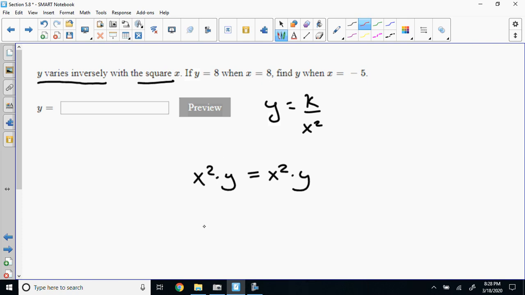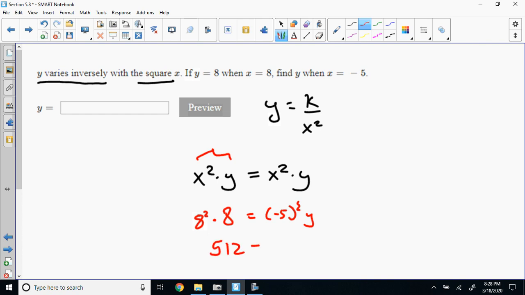If I look at this, I have 8 squared times 8 equal to negative 5 squared times y. So here's my k. What does that give me? Probably ought to give me 256, but 8 squared is 64 times 8, should be, no, 512. My apologies.